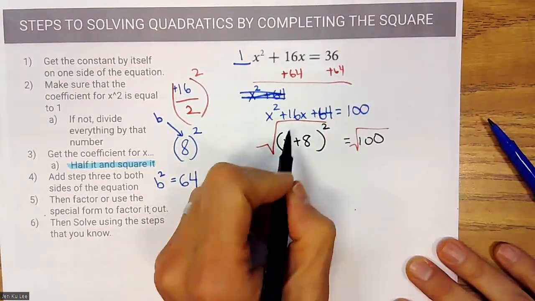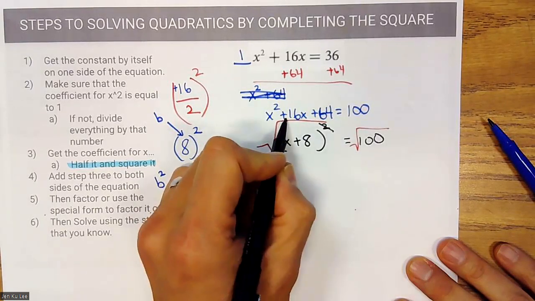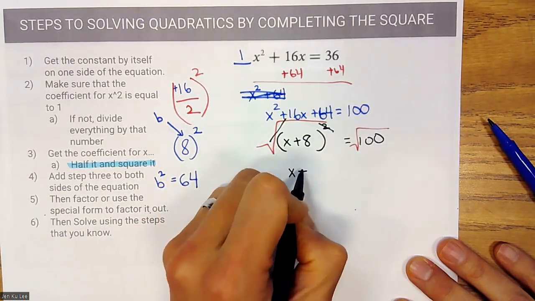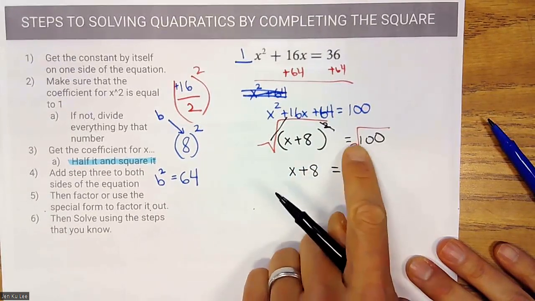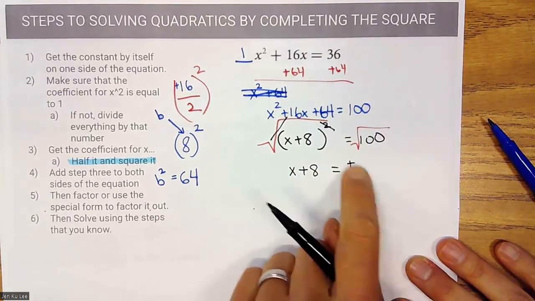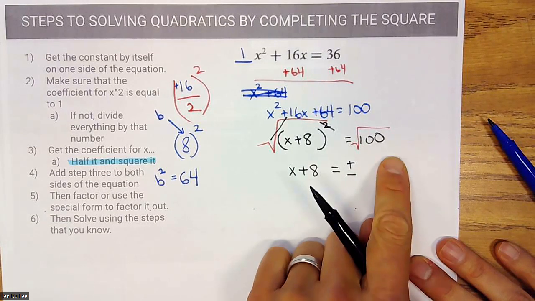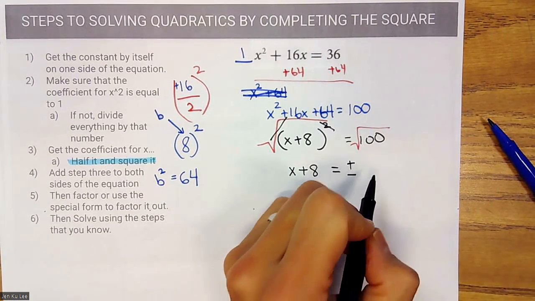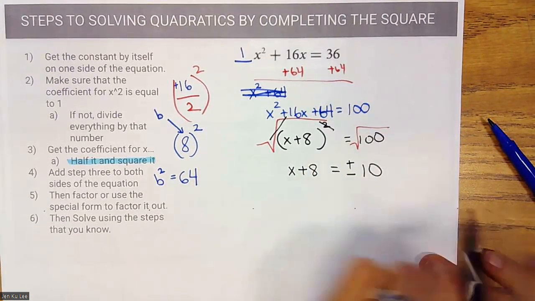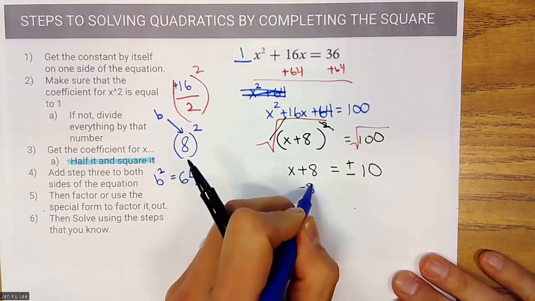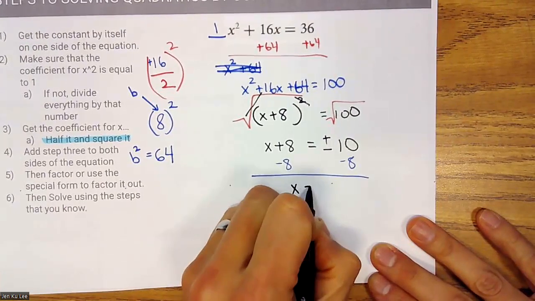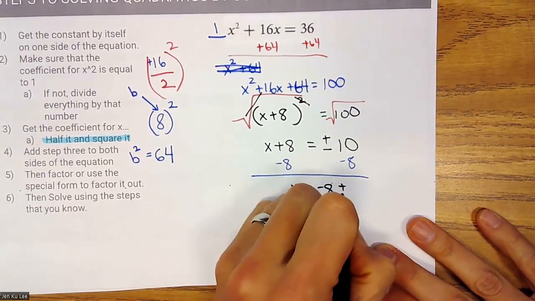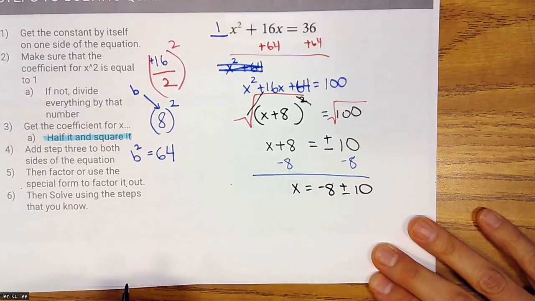By square rooting my left-hand side of the equation, I got rid of the square. So that's x plus 8 equals plus or minus. Whenever I square root, I need that plus or minus. What's the square root of 100? 10. So then I'm going to subtract 8 on both sides. So this is x equals negative 8 plus or minus 10, right?